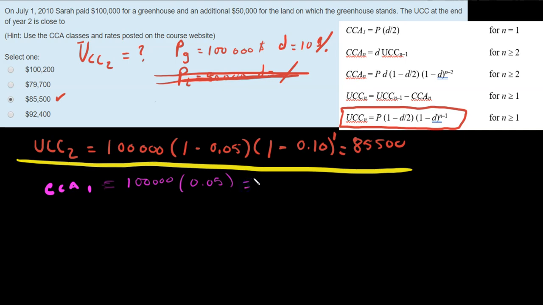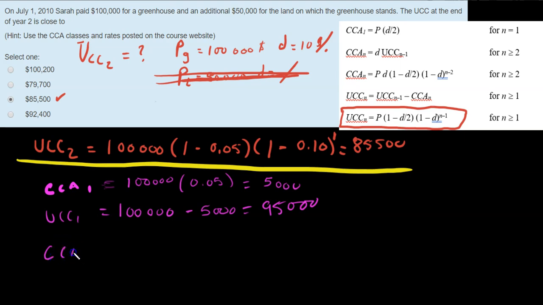And that gives you 5,000. And UCC1 is previous year's UCC, year 0 starting capital, minus 5,000, the capital cost allowance, which is 95,000.